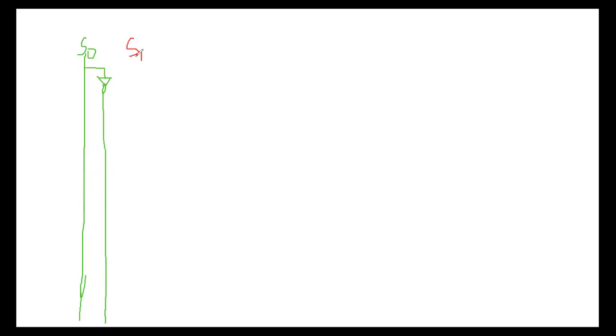Now let us see here how we can draw the logical diagram. First I am taking S0 and using the inverter here, S0 bar. And now taking the S1, that is S1 here, and S1 bar using the inverter.